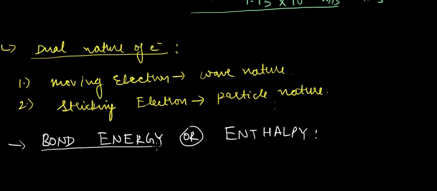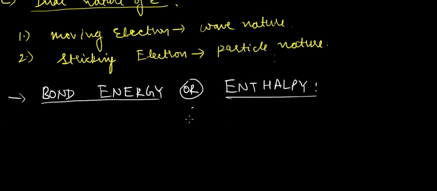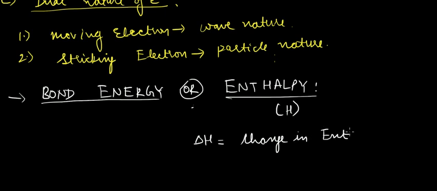Okay, so here we represent enthalpy with H, and delta H would be the change in enthalpy. And this can also be written as heat absorbed or released at constant pressure.